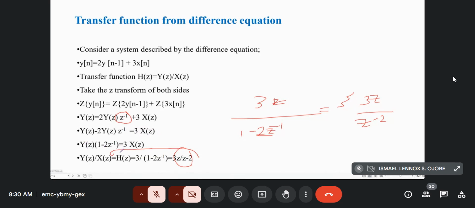Y of z over X of z: bring X of z to this side, and 1 minus 2z to the minus 1 to this side, and you get that. Multiply the denominator and the numerator with z, so you get 3z over z minus 2. That's what you get.